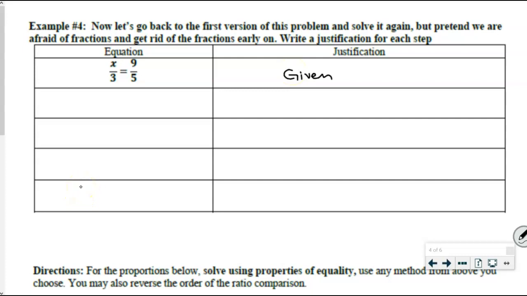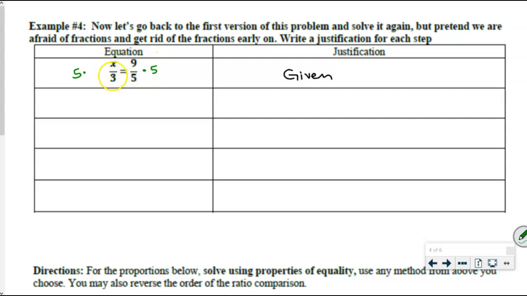What I'm going to do, if I'm going to pretend like I'm afraid of fractions, I want to get rid of both denominators. Okay, so I'm going to get rid of this denominator of 5 by multiplying by 5. Is that okay to do that? As long as we do it to the other side, right? That is only going to help me out and get rid of this one.